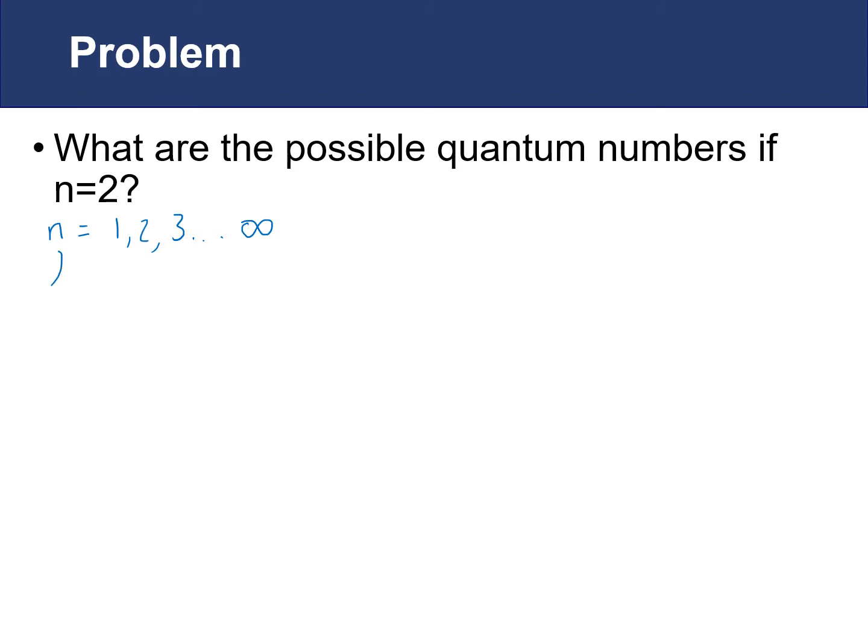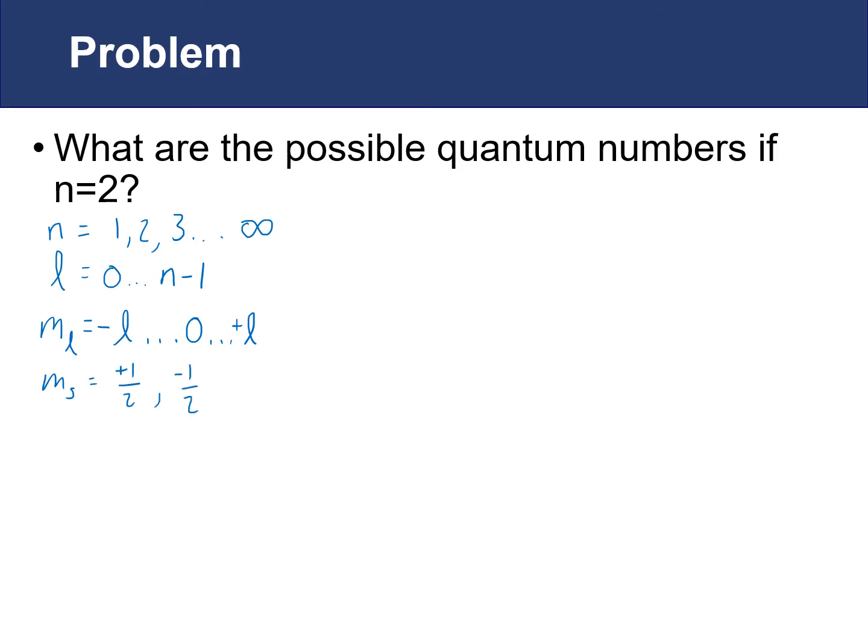Then we have our L values, which can range from 0 by integer values up till our value of n minus 1. Then we can have our m sub L values, which can have values of negative L through, including 0, up till positive L. And then our last one, m sub s, can either be plus 1/2 or minus 1/2.